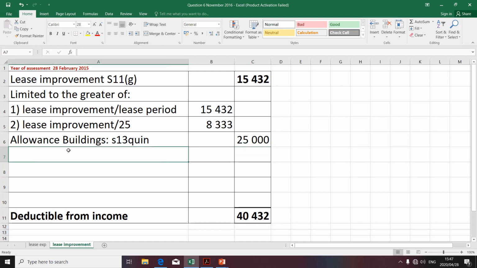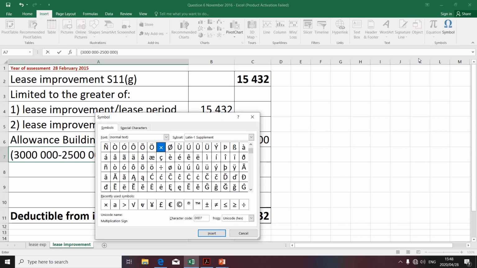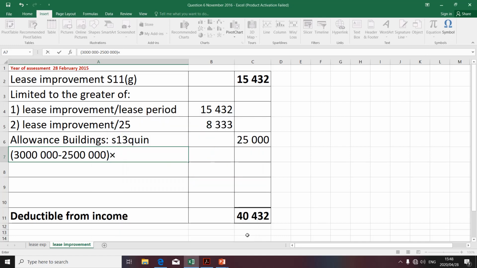So if you wanted to see the calculation, we took 3 million. We deducted the amount of 2.5 million. And we multiply that by 5% to get to that amount of 25,000.